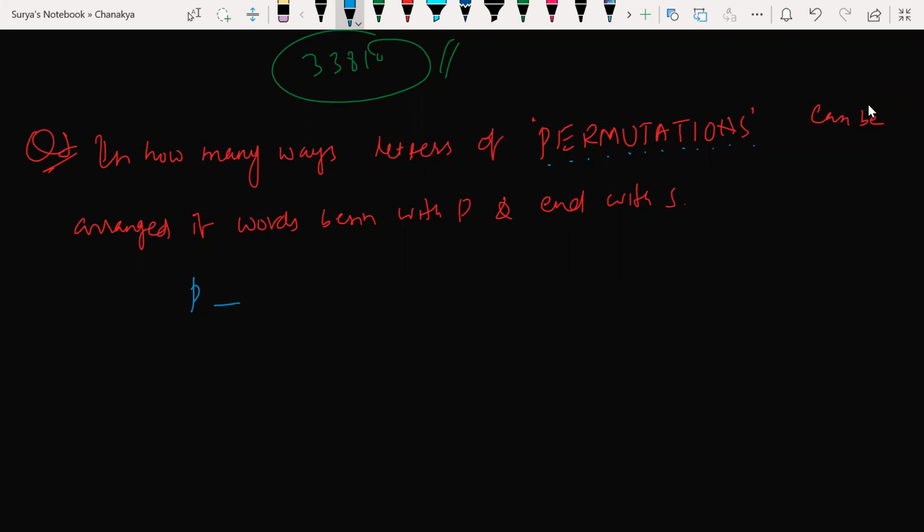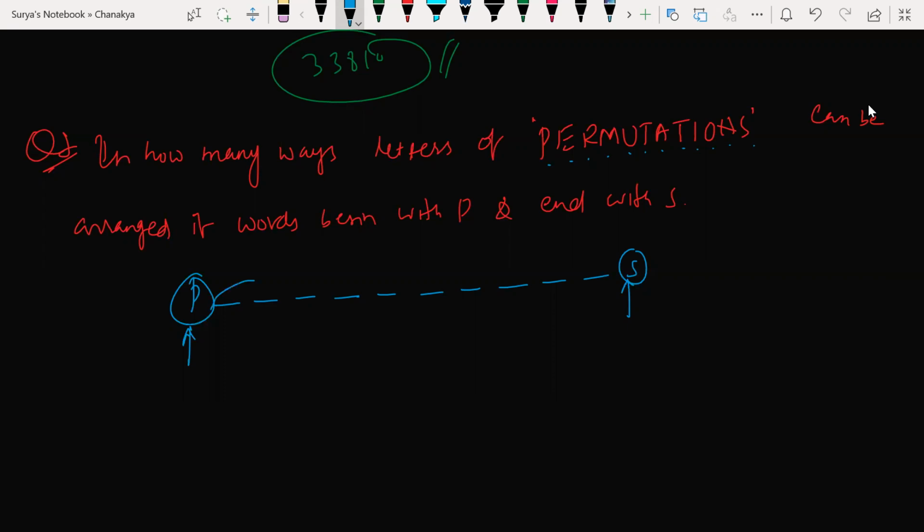So the word is ending with what? So this and this are fixed here. I'm not disturbing. So the letters in between, I'm jumbling here. P and S is fixed. You need not disturb them. Get my point? So you need to jumble the letters in between P and S.